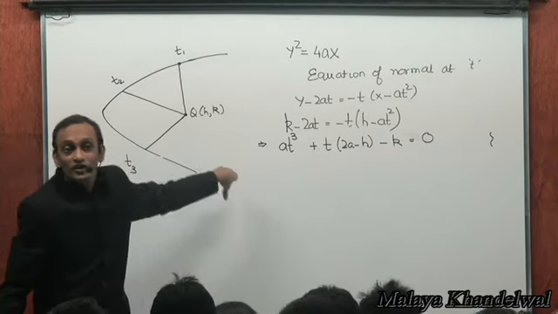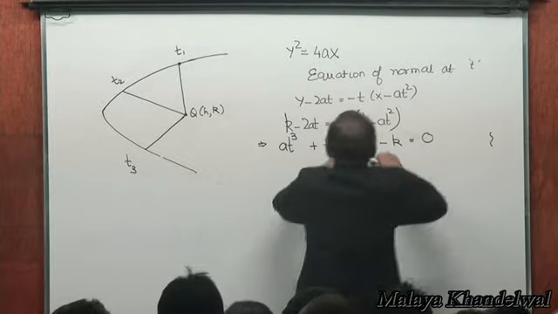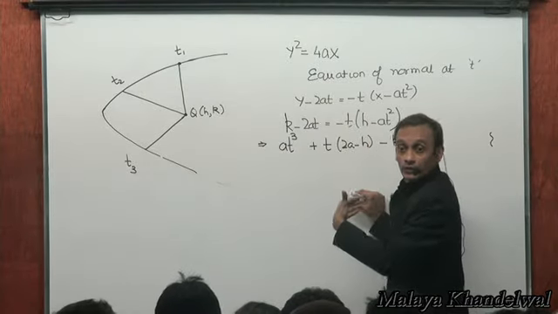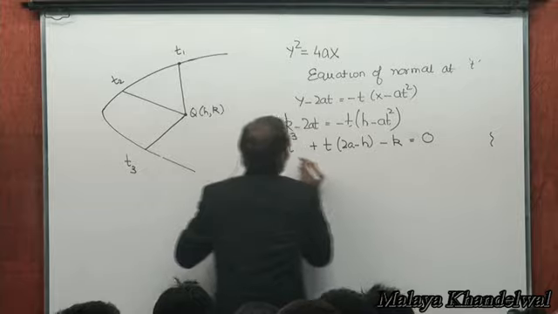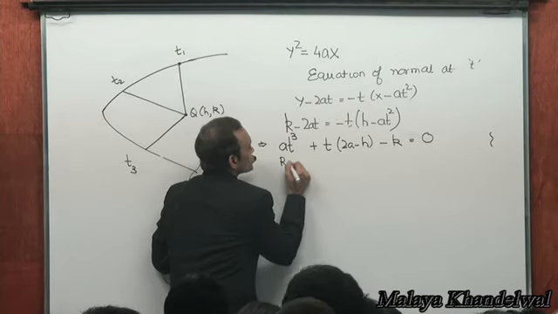Yes or no? t1, t2, t3 will be obtained by solving for t. Yes or no? Right? So, this cubic has roots.